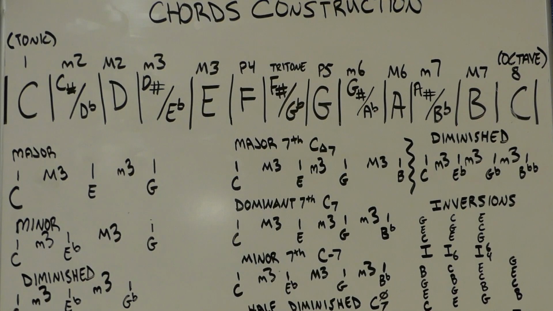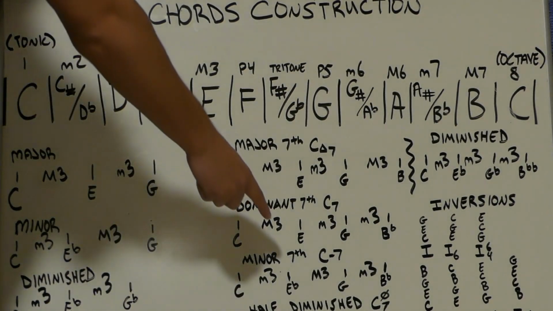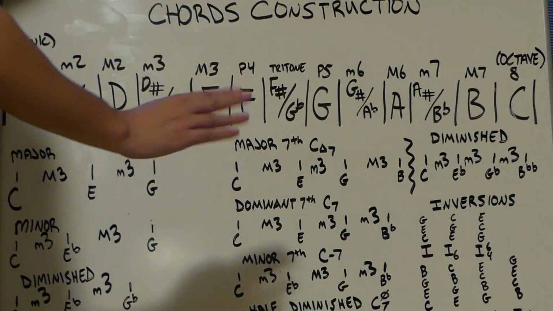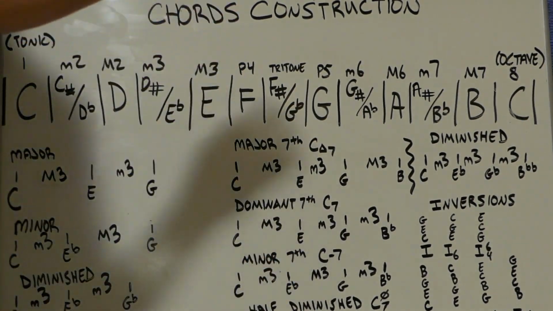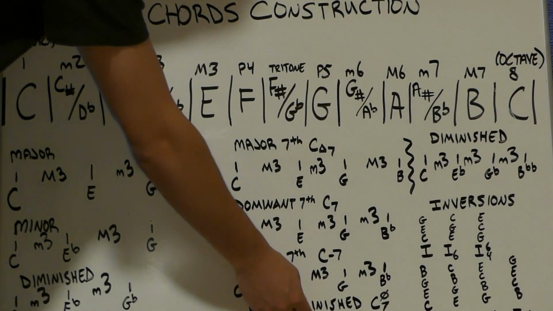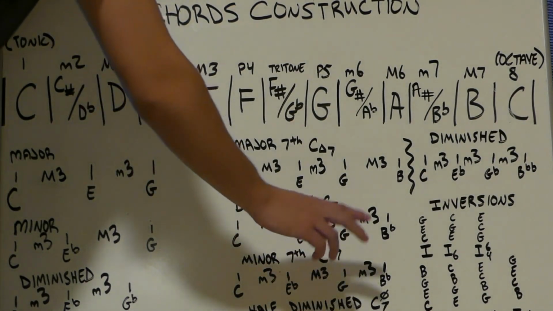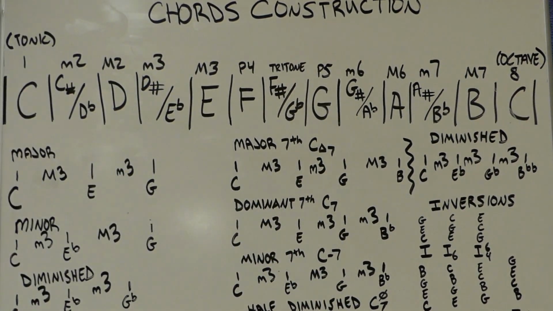With a half diminished chord, we have the exact same chord as our minor seventh, except we lower the fifth, our G, to a G flat. So the relationship we have is a minor third from our tonic to our third, a minor third from the third to our fifth, and a major third from our fifth to our seventh. So that is a half diminished chord.